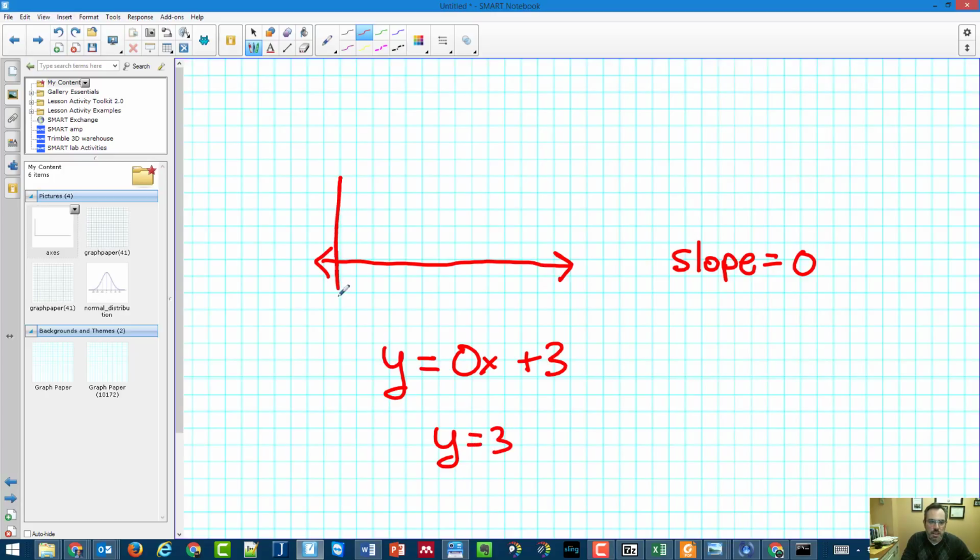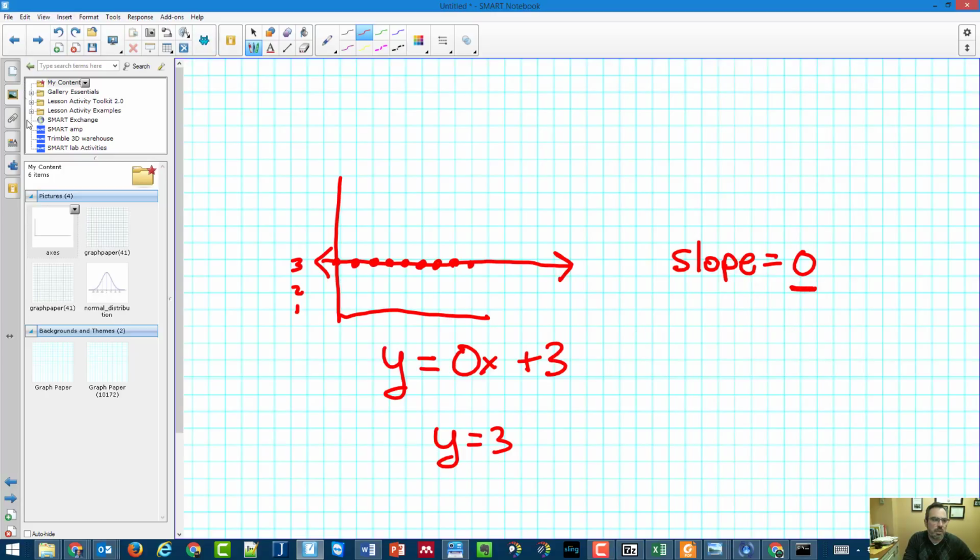So let's say that this is my equation, and here's 1, 2, 3. We'll just put 3 right here. No matter what you put in for x, y is always equal to 3. That's probably not going to happen as often as you would think when you're looking at statistics, that you have a flat line, but it is possible that you have a slope of 0.